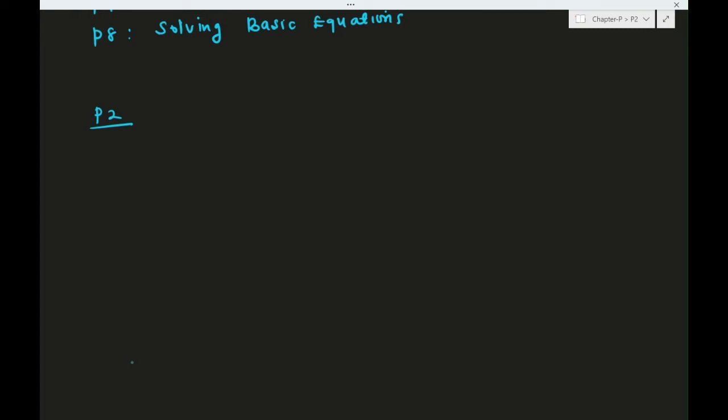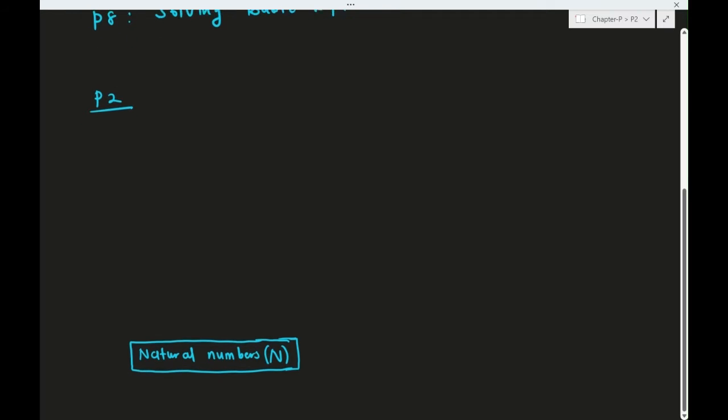Let me start here, which I will call the natural numbers. We use capital N to denote natural numbers.